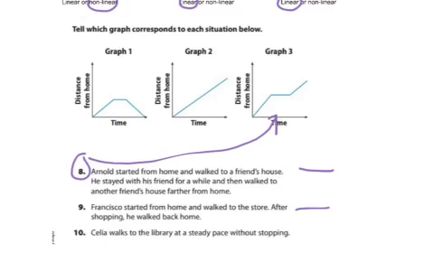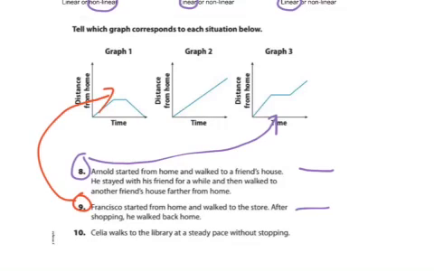So why is it graph 1? Well, you can see he walked to the store here, shopped for a while, which meant his distance did not change. Then his distance to his house got smaller because he was getting closer to home. Eventually he got back home, which is why he returns to the bottom of the y-axis here. So in this case, problem 9 would go with graph 1.